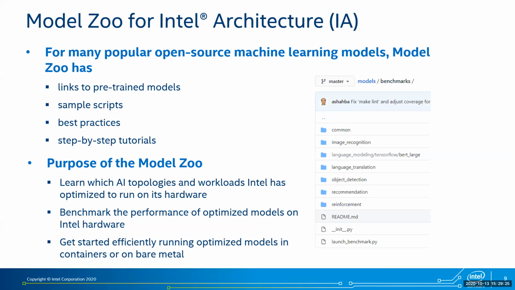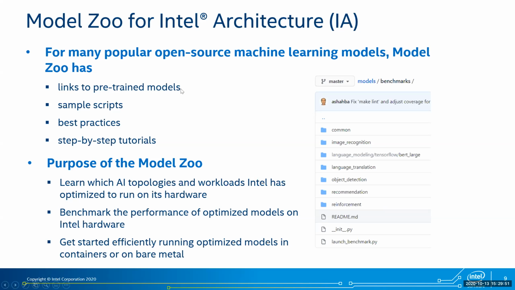We would also like to explain what Model Zoo is. For many popular open source machine learning models, we have a pre-trained model for you. If you just want to run inference and understand the speedup, you can use Model Zoo.